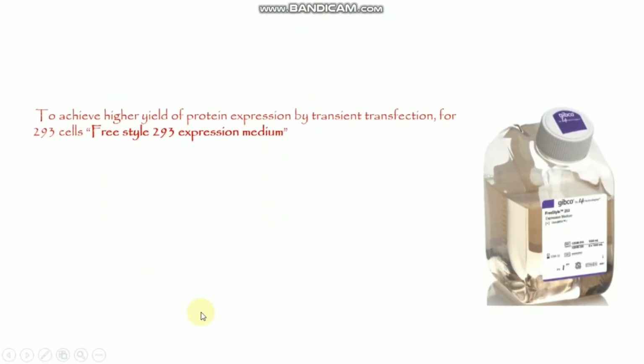Another important point is that if you use 293 cells for transfection and want higher protein expression, then you have to use Freestyle 293 expression medium, which gives higher expression of protein. Normally in industry or for higher protein expression, people use this kind of media.